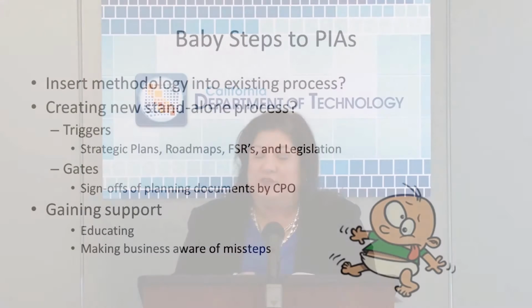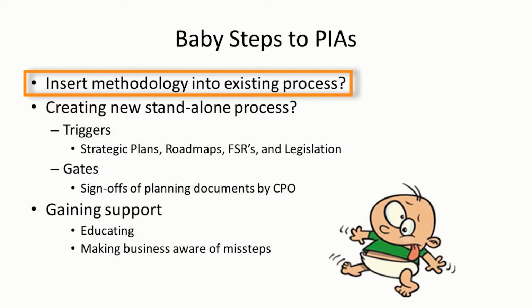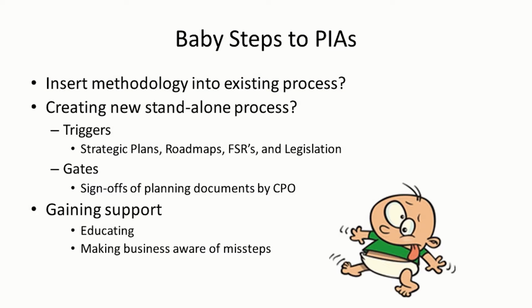So when you're looking to start this process, it's a matter of taking baby steps. You're probably asking yourself, where do I start? Well, you want to insert your methodology into existing processes, whether you have them in projects or other program areas. Do you really want to create a new standalone process? Because you will have to be looking at other areas.